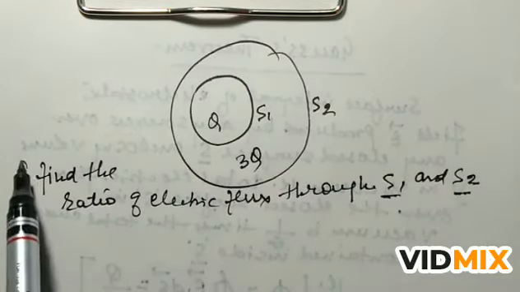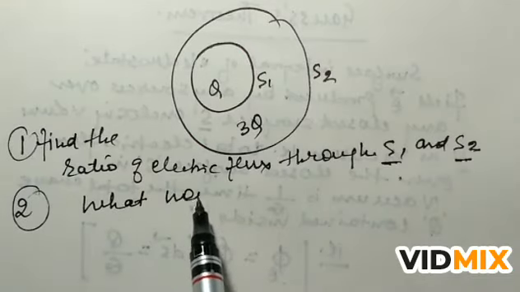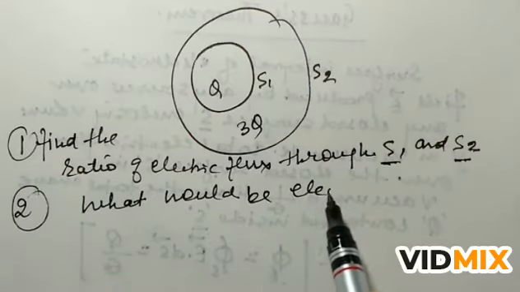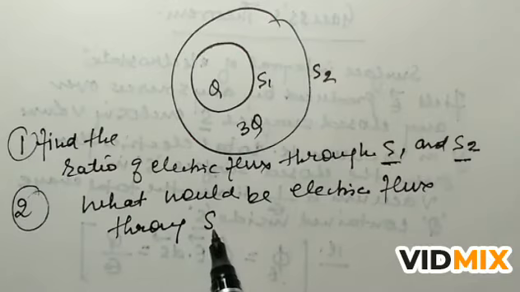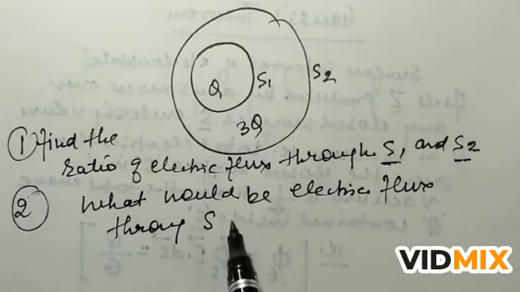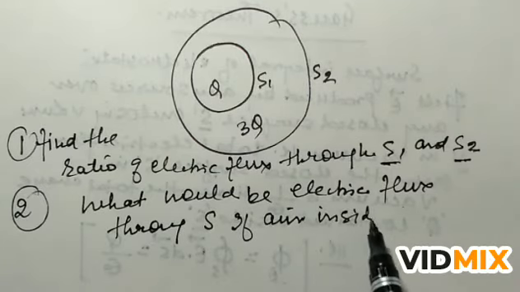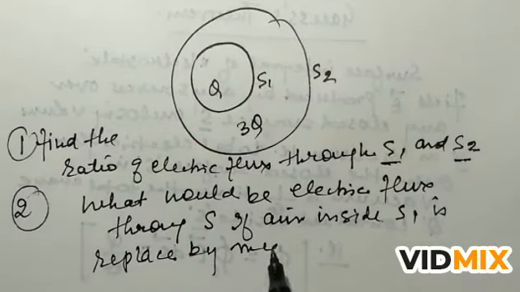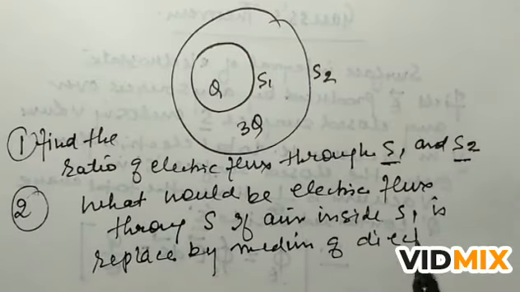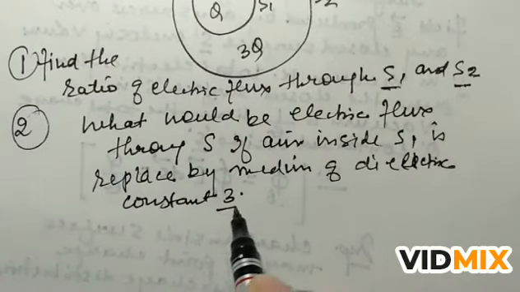So you have to find the ratio of electric flux through these surfaces S1 and S2, and the second is, what would be the electric flux through S1 if air inside S1 is replaced by a medium of dielectric constant 3. Now this is the question.